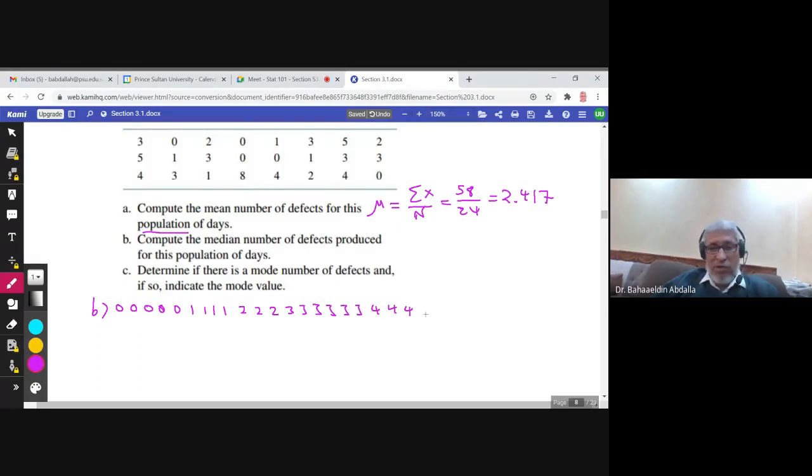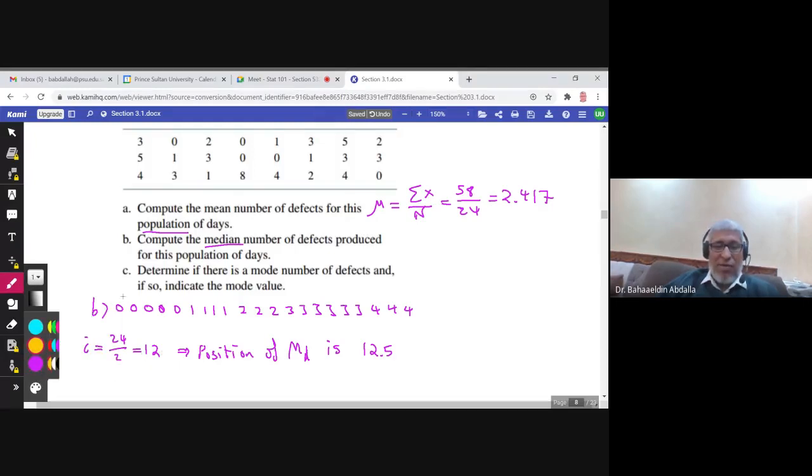Now we need to find the median. Capital N is 24, so 24 over 2 is 12. It is an integer, so the position of the median would be 12.5, the average of the 12th and 13th values.